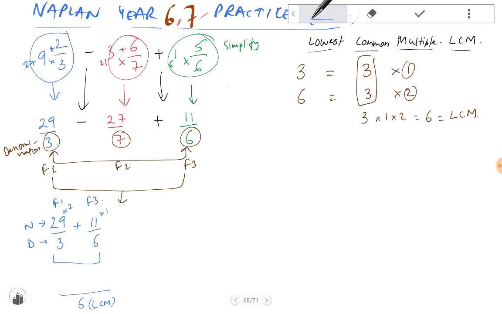So 29 times 2 should give us 58 plus 11, and this results in 69 over 6.